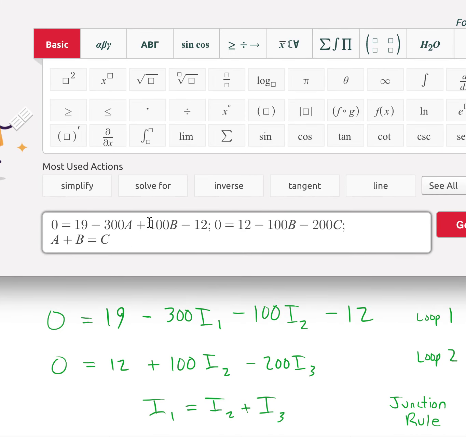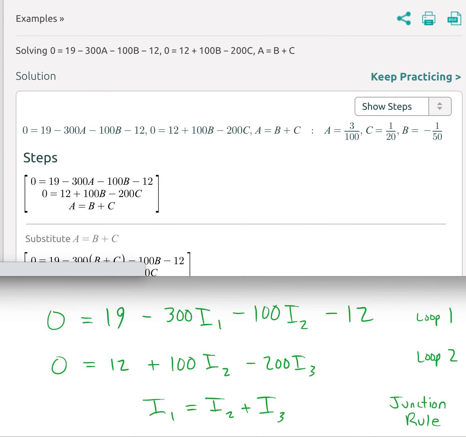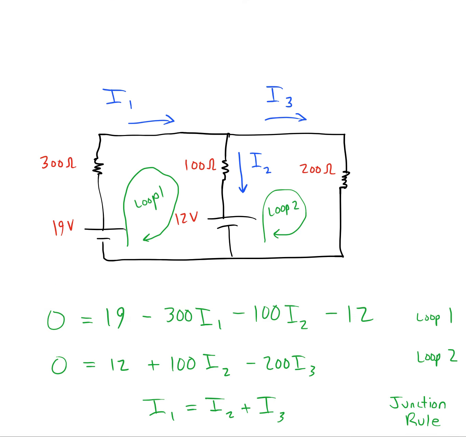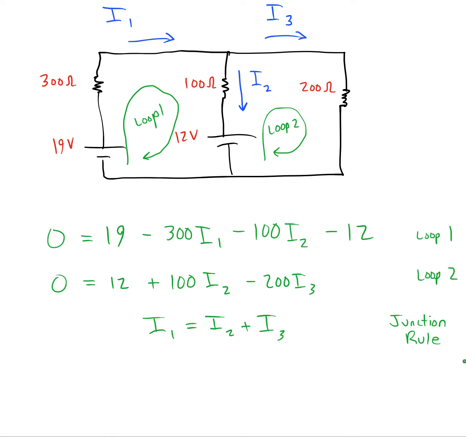What changes here? According to our results, I1 is the same as it was before, but I2 comes out negative.